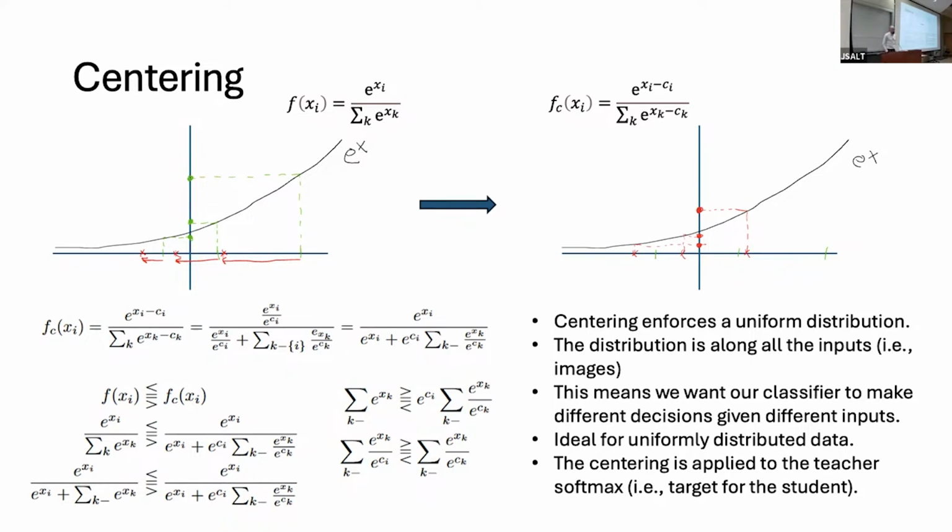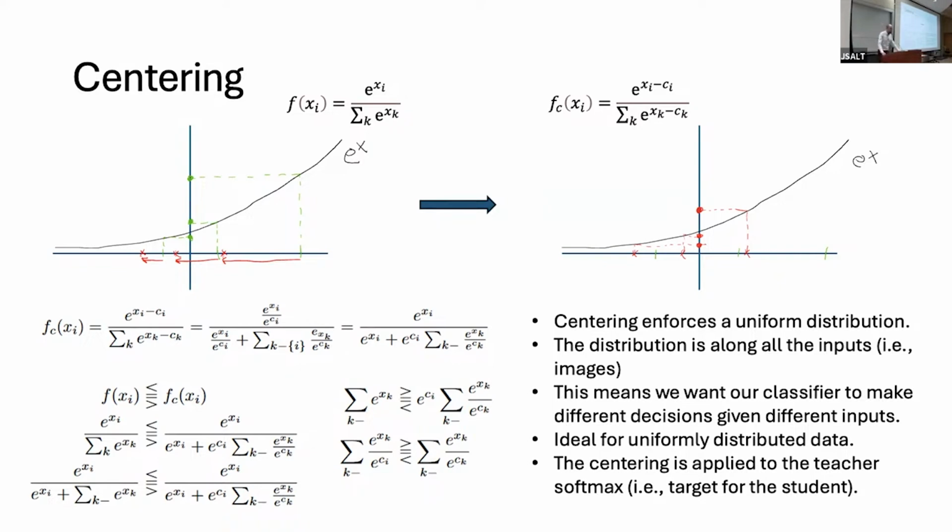So this is done only for the teacher, and it works well when you have uniformly distributed classes in your dataset. Because if you have just one dominant class and you do centering, you force yourself to make mistakes on the dominant class, because you would try to center the decision.